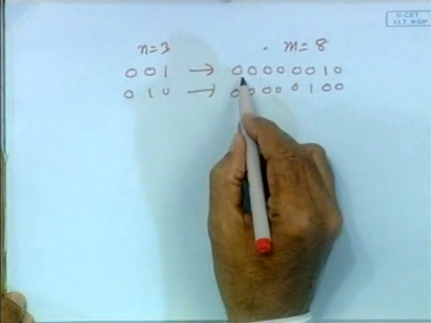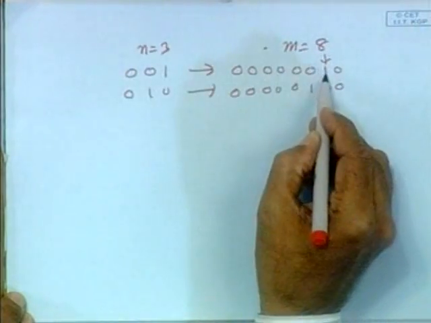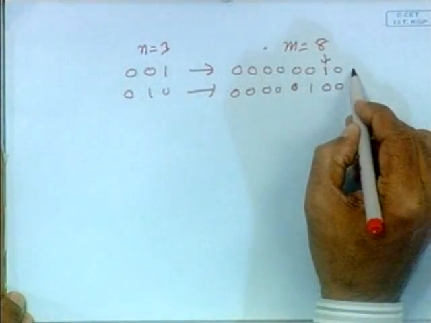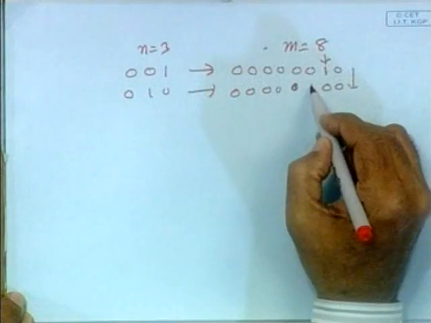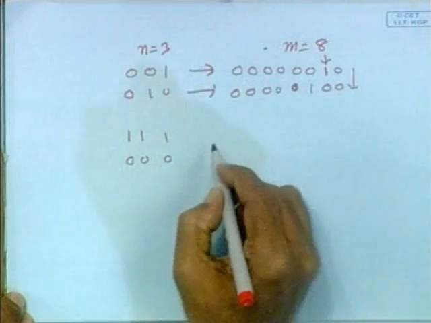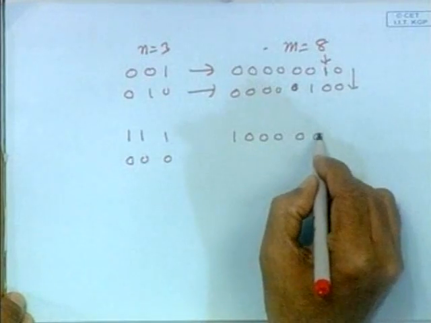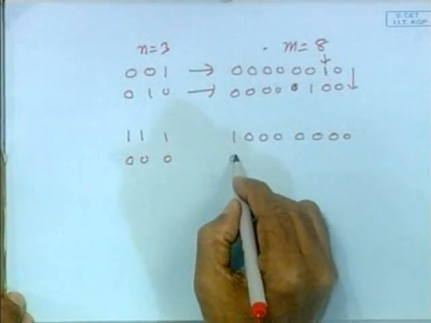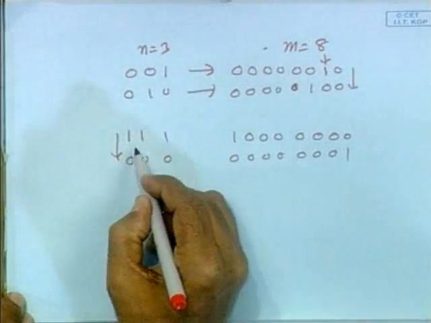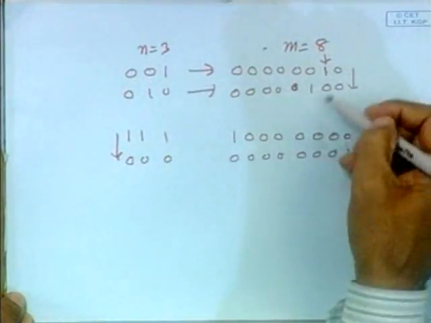001 is coded to 00000010, meaning the first bit is 1, and 010 means the second bit is 1. If it changes from this to this, there will be 2 bit changes. In binary, going from 111 to 000 would be a 3 bit change, but in one hot coding there will always be only 2 bit changes as you go from one code to another.